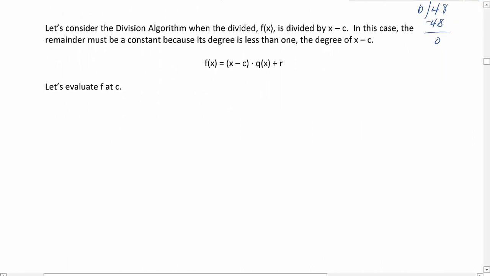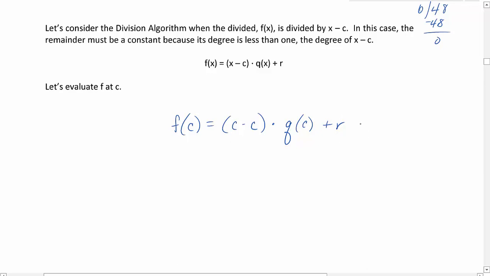So let's evaluate f at c. F of c would then become c minus c times q of c plus r.